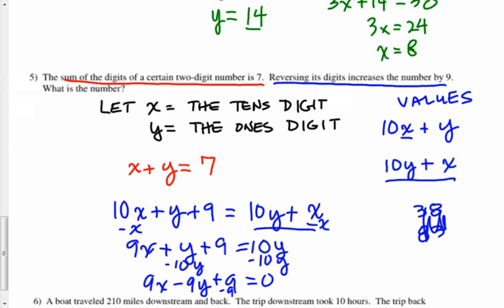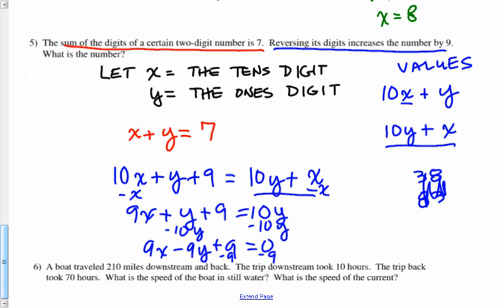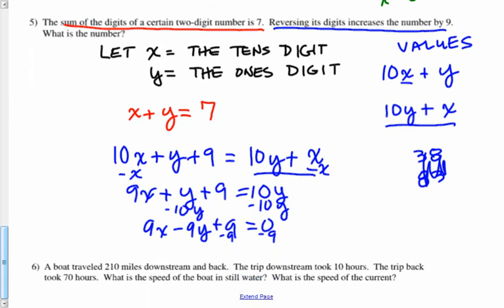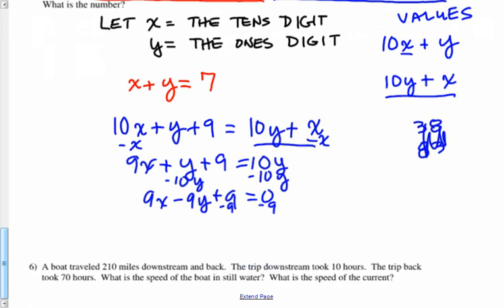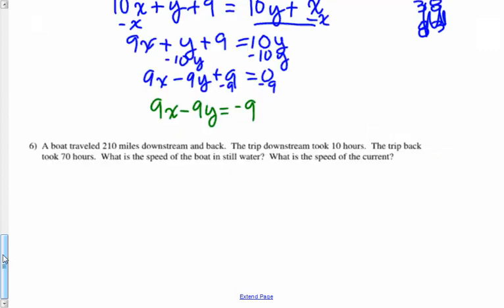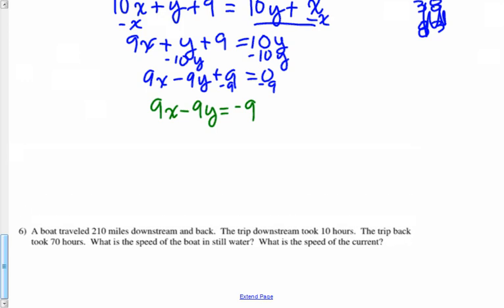And let's subtract 9 from both sides just to get that over there. So we now have 9x minus 9y equals negative 9. Okay, and then our other equation is x plus y equals 7.